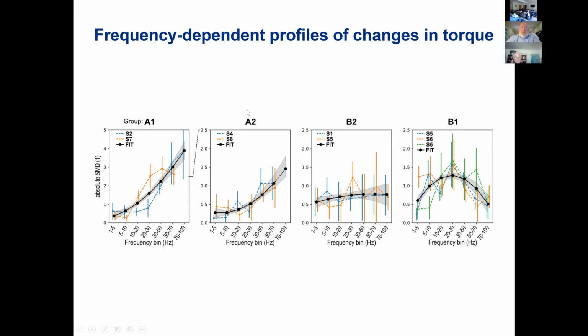So the A group, which we know is mostly adding stimulus during stance and requiring less stimulus during swing, you can see as the stimulation frequency goes up, the robotic forces are progressively increasing. This group, to a great extent, was the one with lots of blue in swing. This one was with lesser amounts of blue in swing, but they have the same shape.